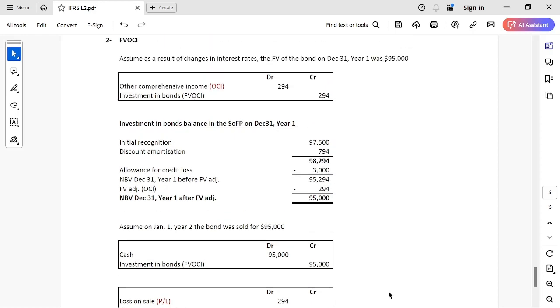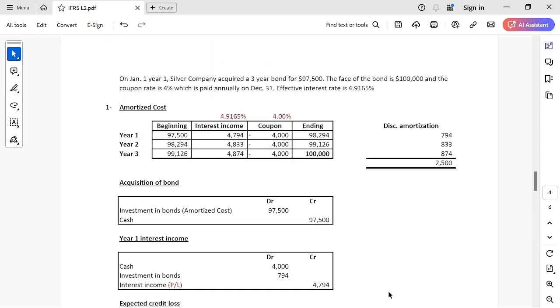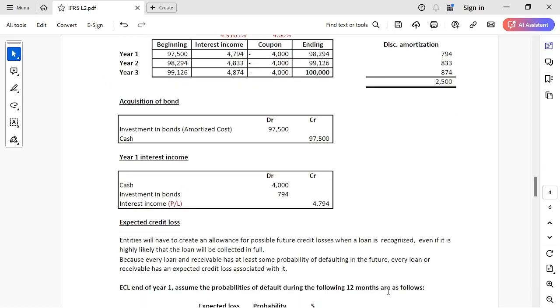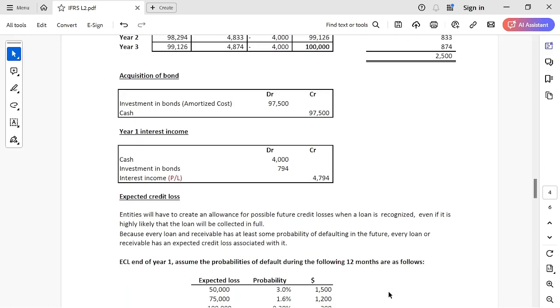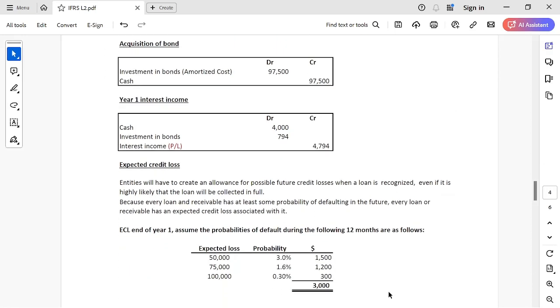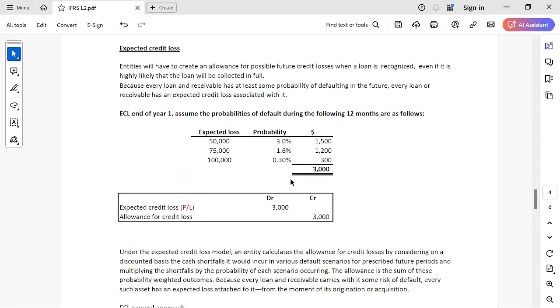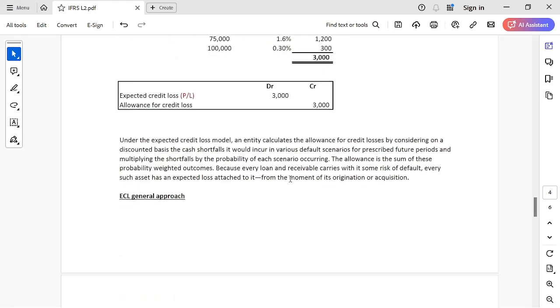If we go to the amortized cost and look at what happened, the same main entries were used; these are applicable to fair value OCI as well. The interest income in all cases goes to profit or loss, whether we're using amortized cost or OCI. The ECL also went to profit or loss, as we said.